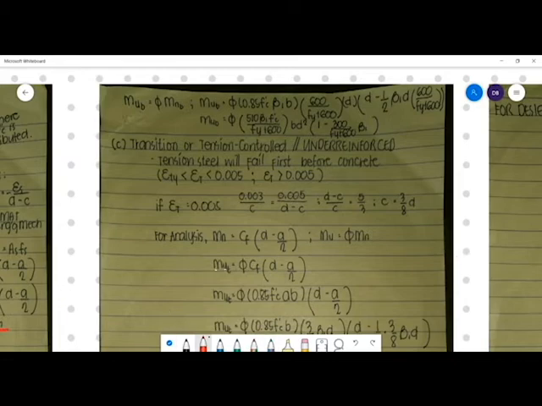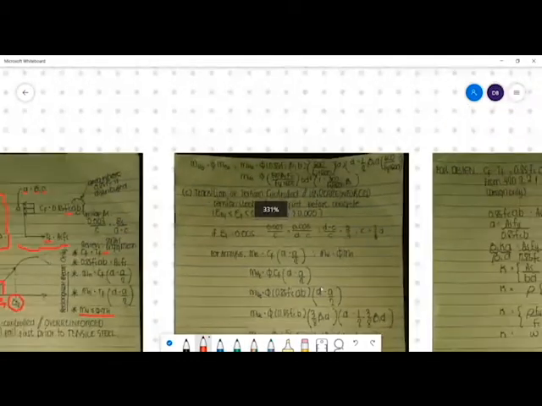For analysis purposes, M_n is equal to C_f times (d − a/2). M_u, or in controlled, is equal to φ multiplied by C_f times (d − a/2). M_u is equal to φ times 0.85 f'c a b times (d − a/2).